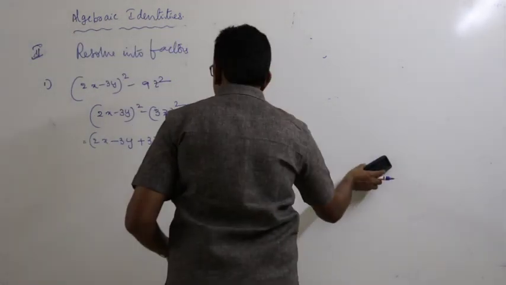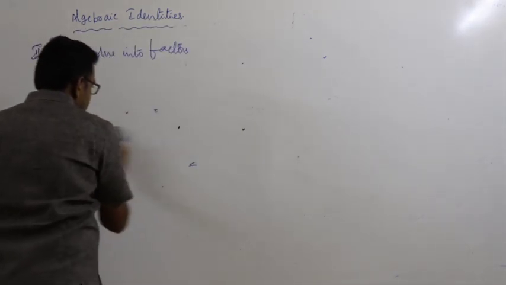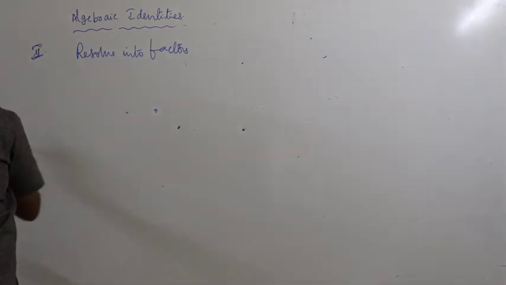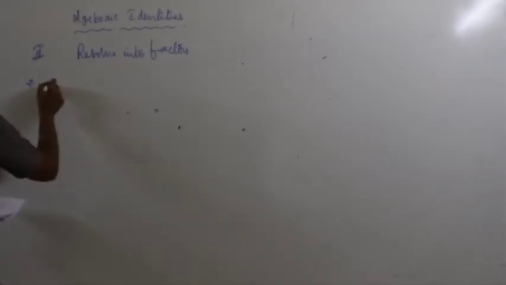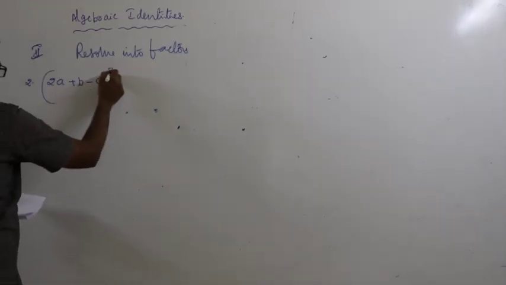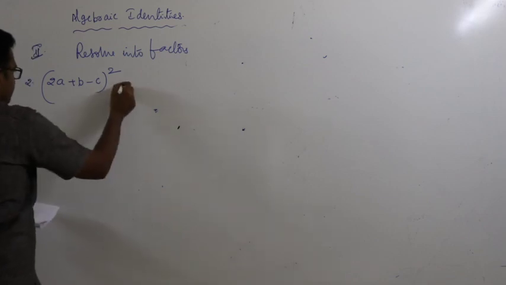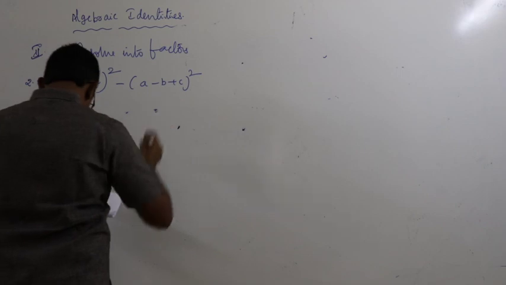And one more problem. a plus b minus c whole square minus of a minus b plus c whole square.